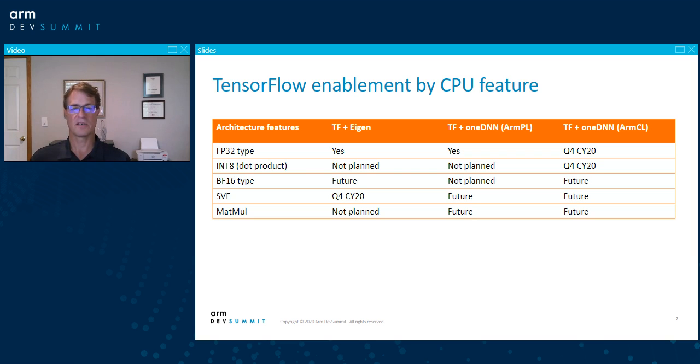We're also working on the compute library addition to oneDNN for int8, including the dot product instructions, which are part of the ARM architecture. We'll also see this quarter the first implementation with SVE, which is coming, and that'll be with TensorFlow with the Eigen backend. You can use this table to see what's available now, what's very close, all the ones listed as Q4 2020, and then the things that will be coming in the future.